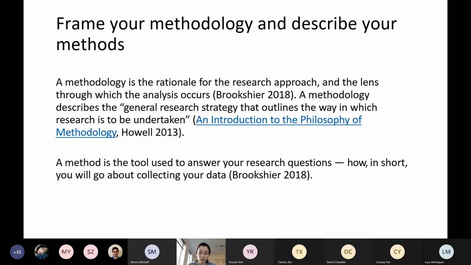Your methods, on the other hand, are the specific tools that you use to answer your research questions. I already gave a few examples. So you could use interviews, you could do ethnography, you could do archival research. There are so many different methods that you can use depending on what your topic of research is going to be.